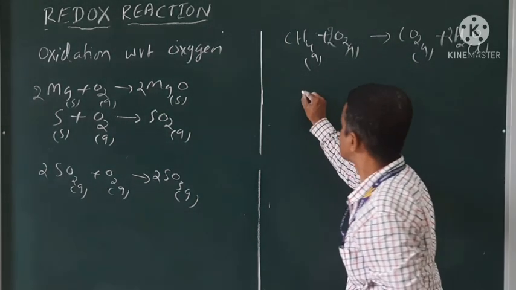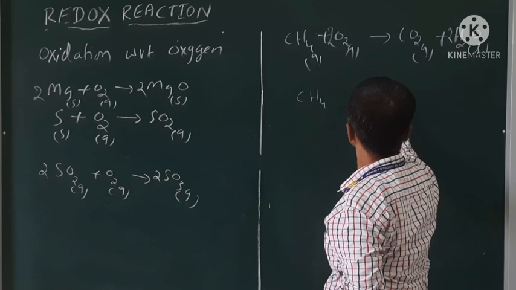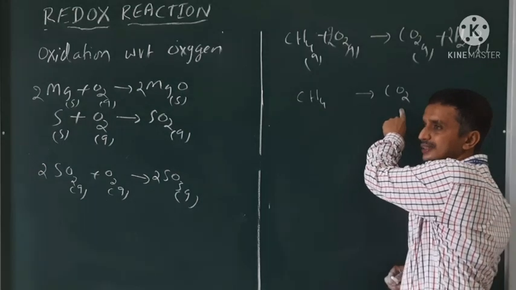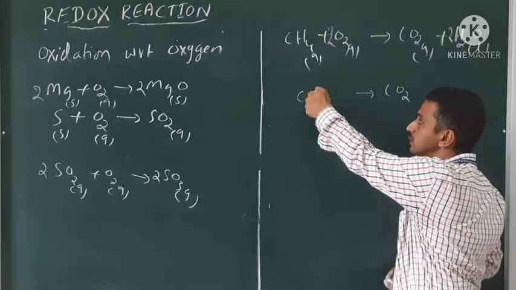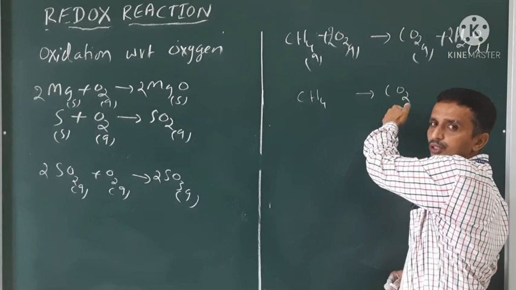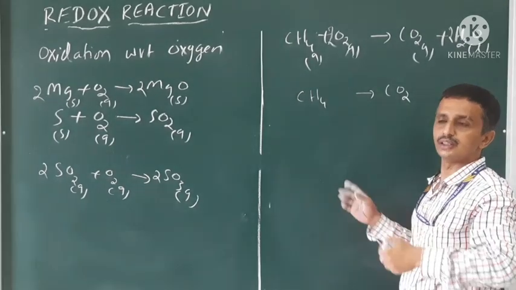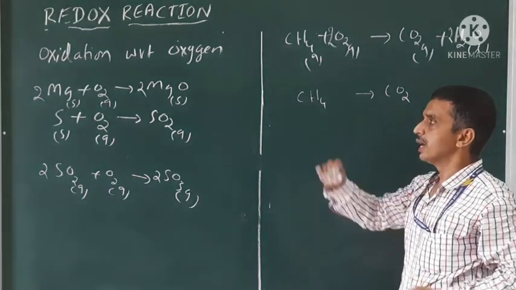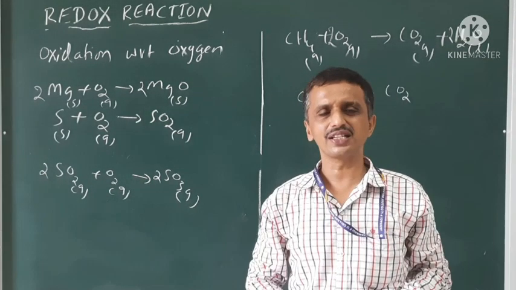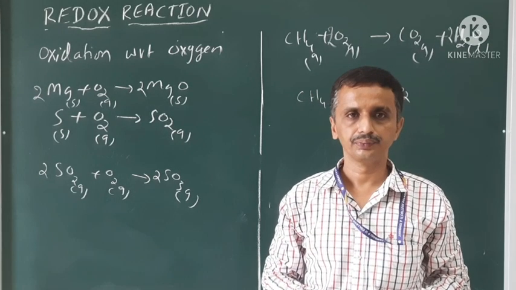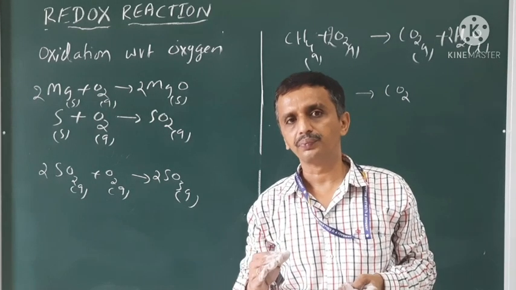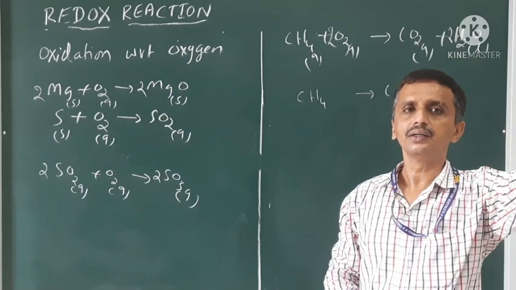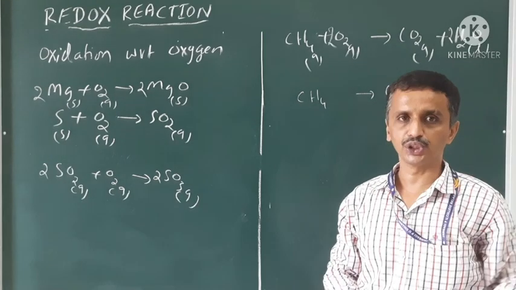How do you see? CH4, CO2. To the carbon, oxygen is added from this methane. There is hydrogen removal. So it's an oxidation process. So addition of oxygen is the oxidation. And if you go in the reverse manner, removal of oxygen will become the reduction process.